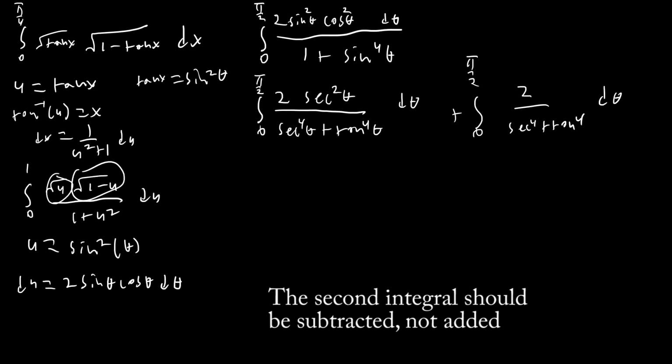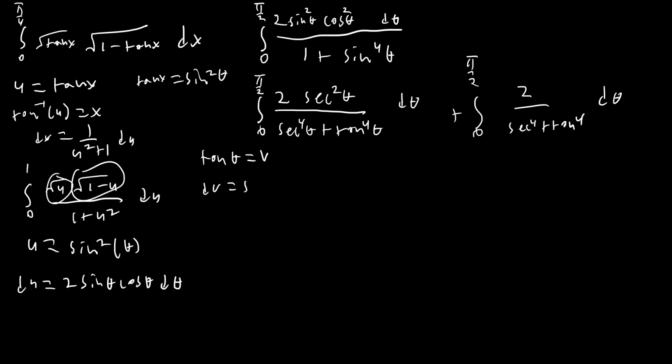On both of these integrals, we're going to make the substitution tangent theta equals v, since I used u before. That means that dv is going to be secant squared theta d theta, or dv equals v squared plus 1 d theta.